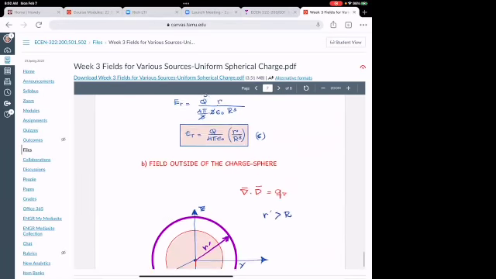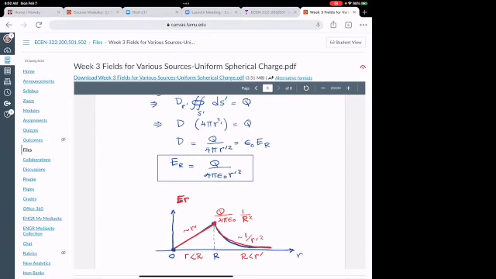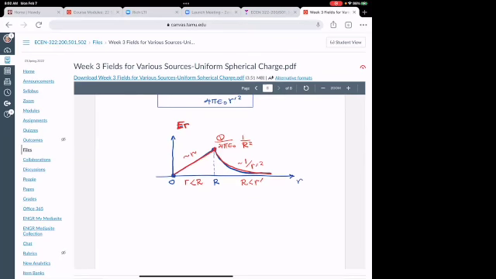I'm skipping all of these details. What we found is that inside the sphere, which is from 0 to capital R, the field starts at 0 at the center, going up to a maximum value.